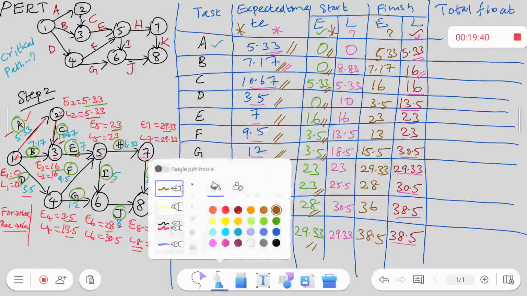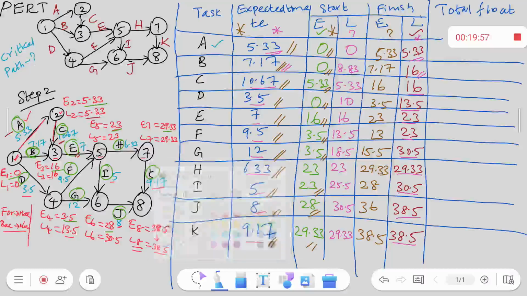Next I have to find out the total time. Total time is nothing but the latest finish time, this value, minus the earliest finish time, this value.